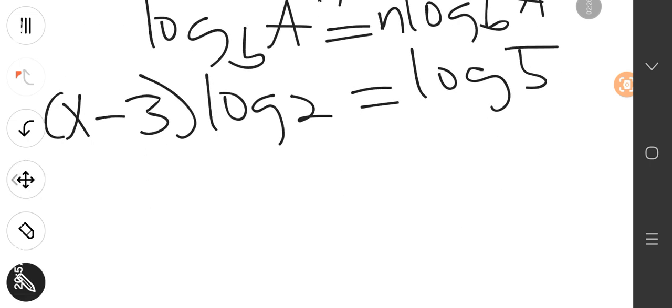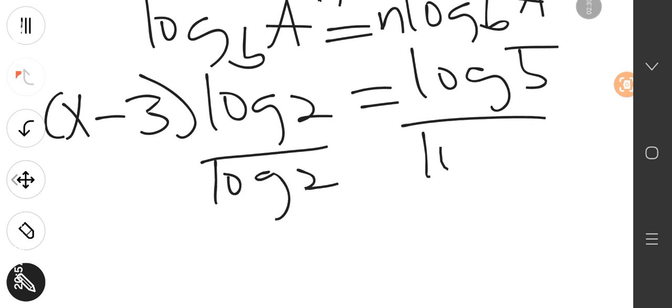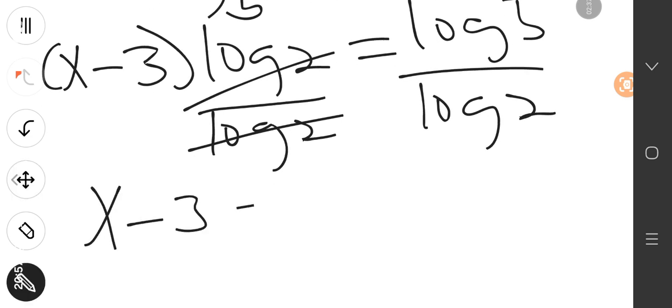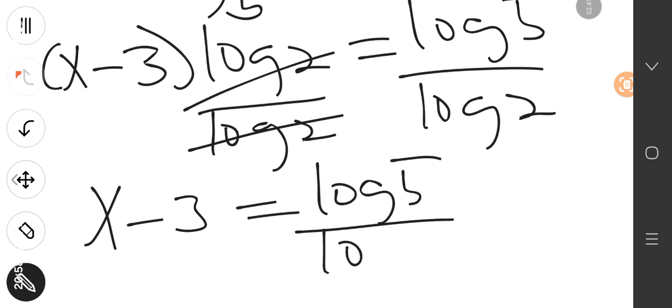Let's divide both sides by log 2. So this and this will cancel. We're going to have x - 3 = log 5 over log 2.